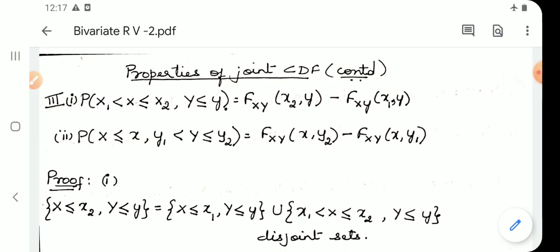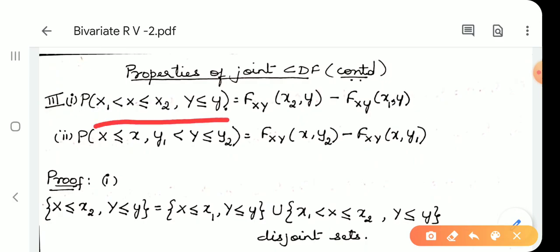So the third property is like this. In the third property we have to prove two points. The first point is P of x1 less than X less than or equal to x2, comma Y less than or equal to y is equal to F_XY of x2 comma y minus F_XY of x1 comma y.